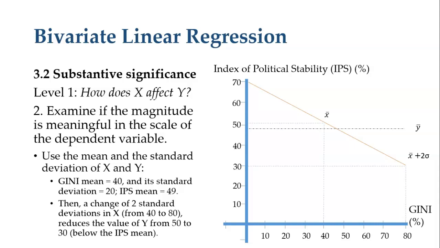And let's say that the mean of the index of political stability is 49 percentage points. Okay?